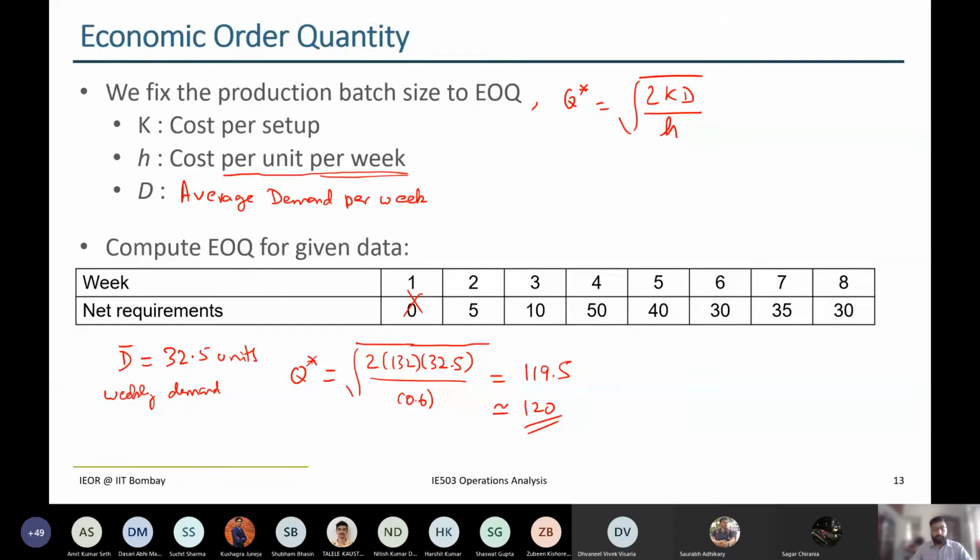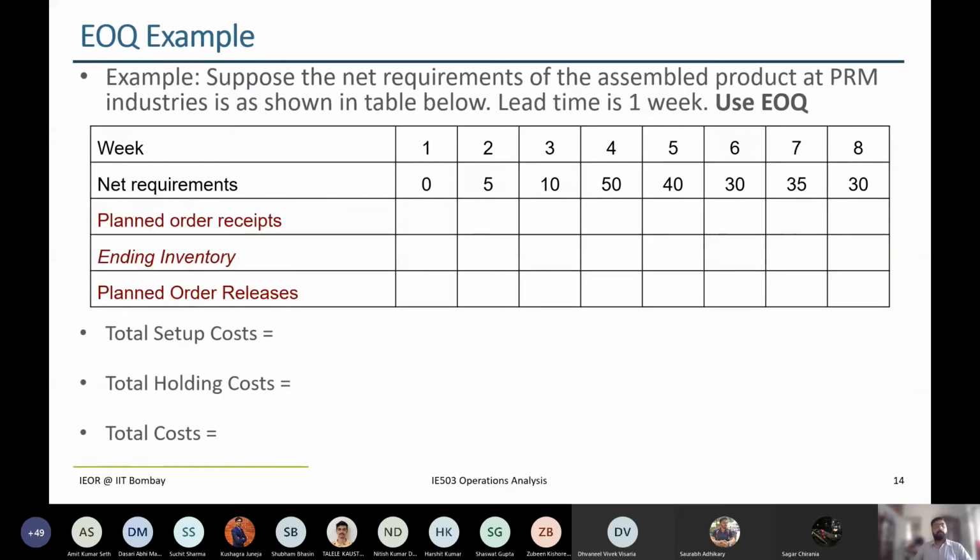Let us now do the MRP process using EOQ quantity. Again, the same running example, only difference is in the lot sizing approach. We are going to use EOQ. The EOQ value we already determined as 120. Now, in period 2, I need 5 units, but since I'm always going to produce in terms of economic order quantity, we are going to assume that I need 120 units here.